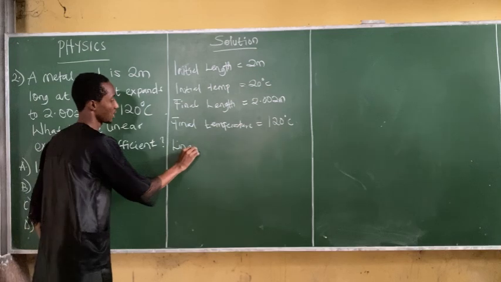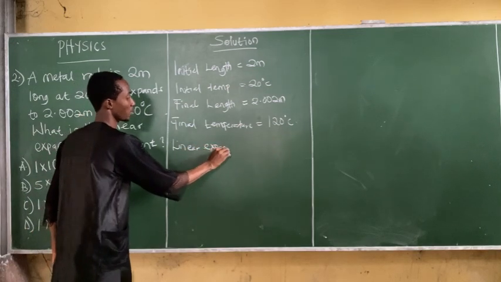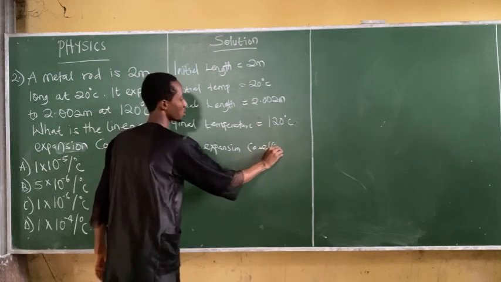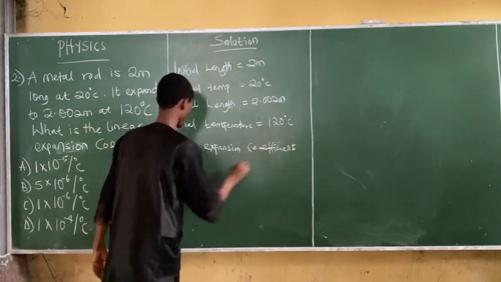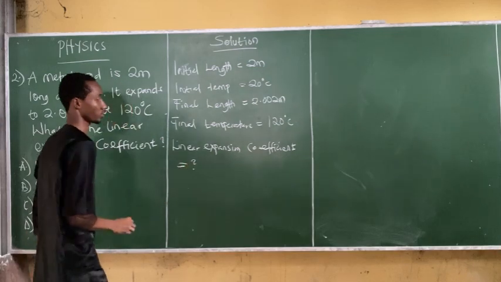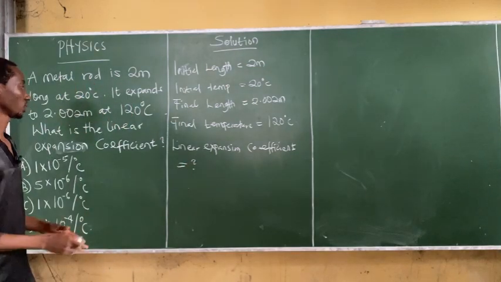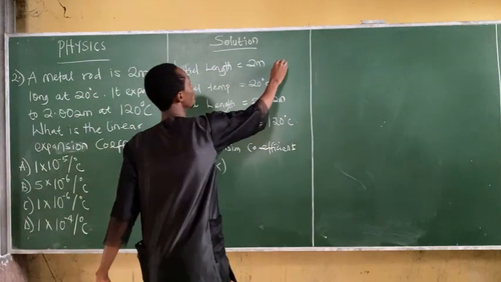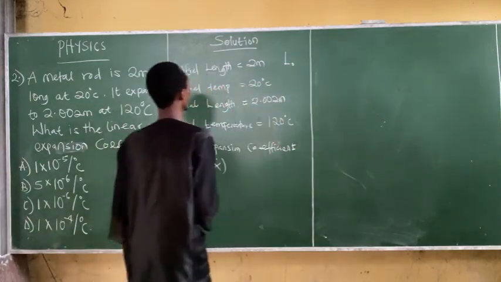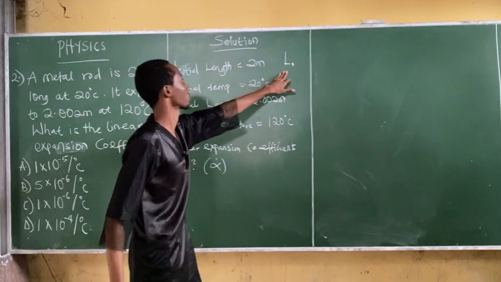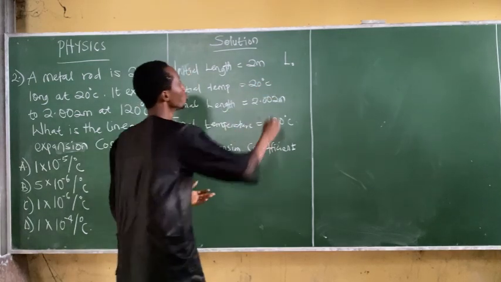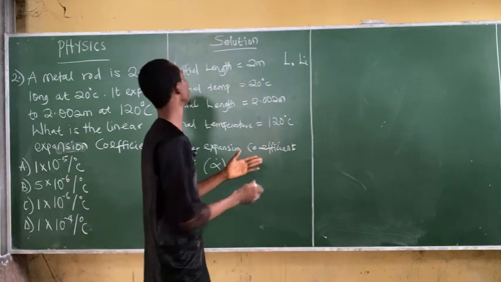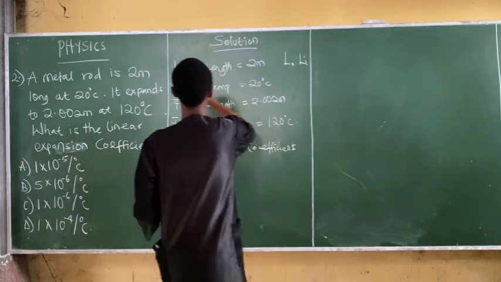You see, what is the linear expansion coefficient? The linear expansion coefficient is unknown, and this is denoted with alpha. The initial length is denoted with L subscript 0. Some people call it the original length, L subscript 0. Some people use L subscript I. So for this question, let's use L subscript I since we are talking about initial length.